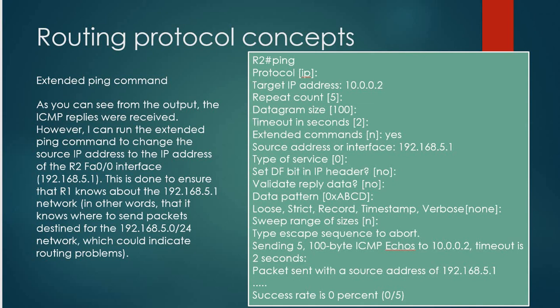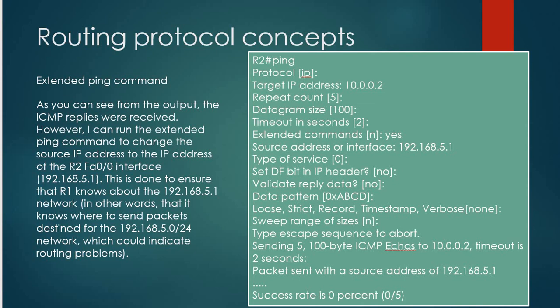We have to send out the ICMP packet with the target IP address, and the target IP receives the ICMP request, then replies back. This is the normal ICMP request using this ping command.